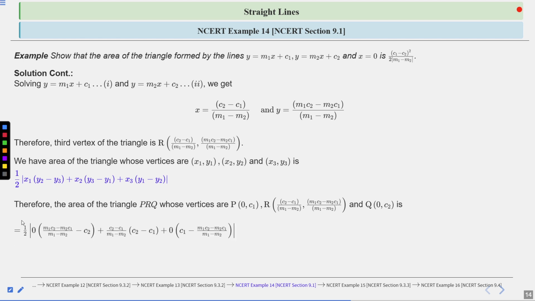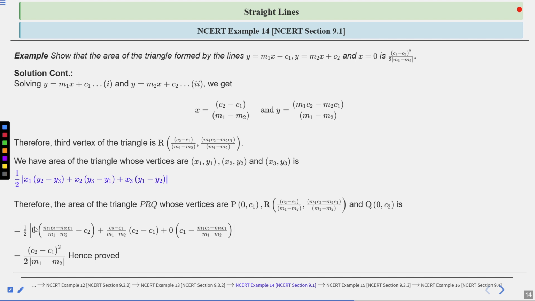So the area of the triangle PRQ is 1 by 2 modulus of 0 times (m1 c2 minus m2 c1 divided over m1 minus m2 minus c2), plus c2 minus c1 divided over m1 minus m2 times (c2 minus c1), plus 0 times (c1 minus m1 into c2 minus m2 into c1 divided over m1 minus m2). After substituting the values of the vertices, we obtain the area of the triangle PRQ.